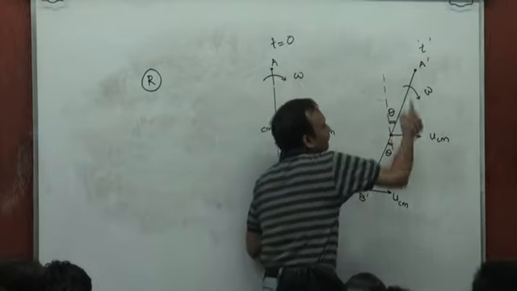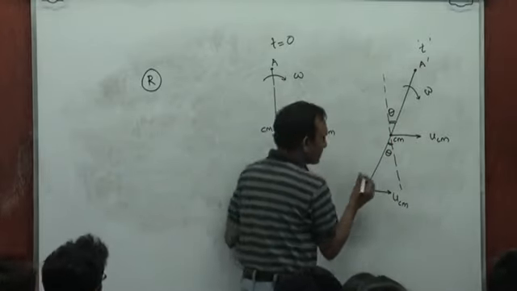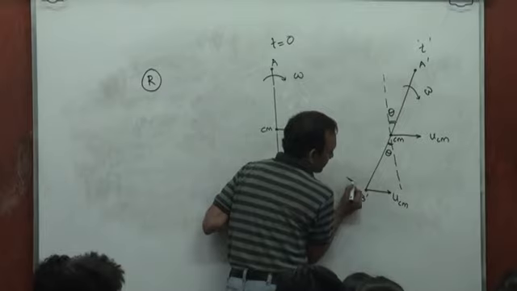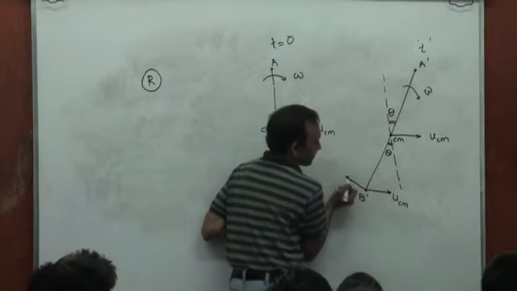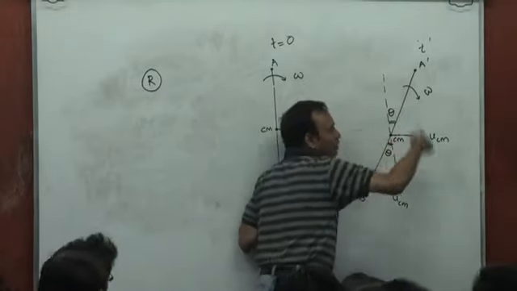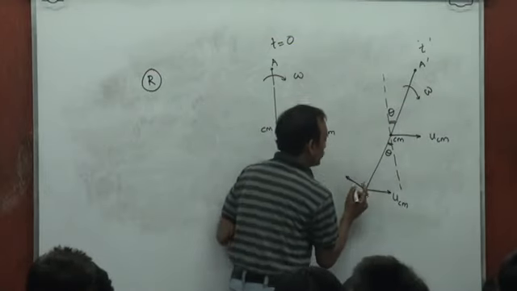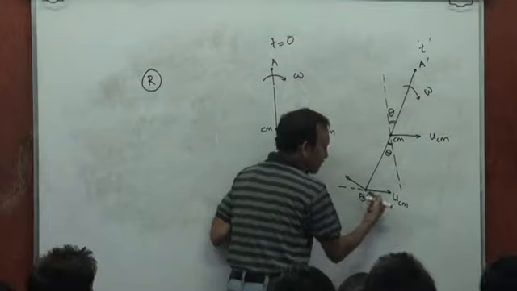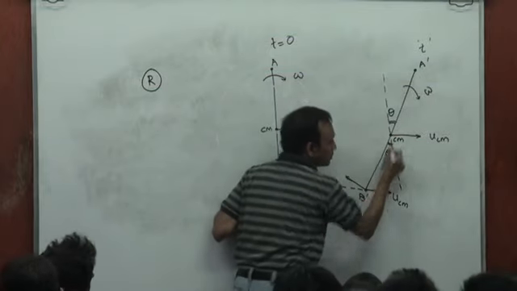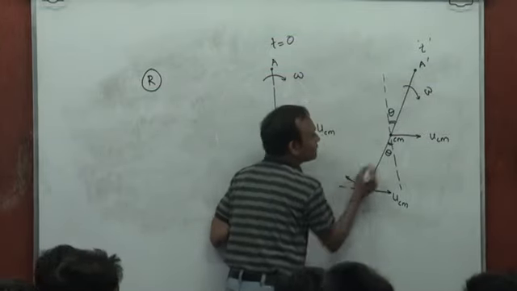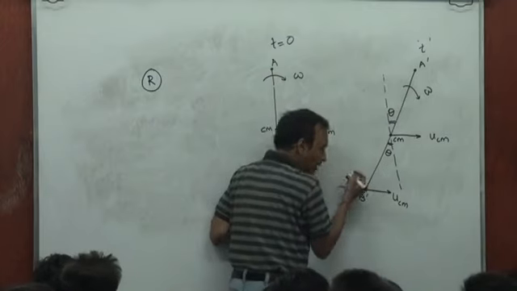Imagine it to be in a state of pure rotation about the center of mass with angular velocity omega. Then this will have a velocity perpendicular to this length, and equal to L by 2 omega.